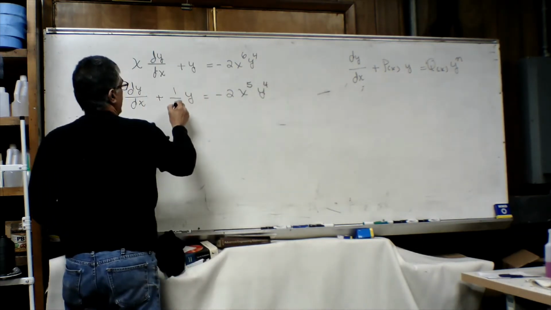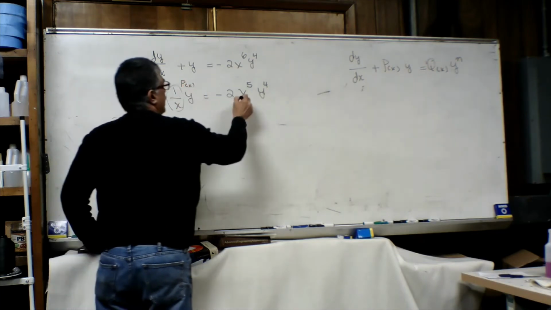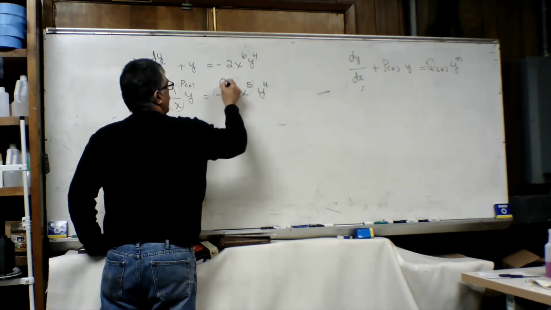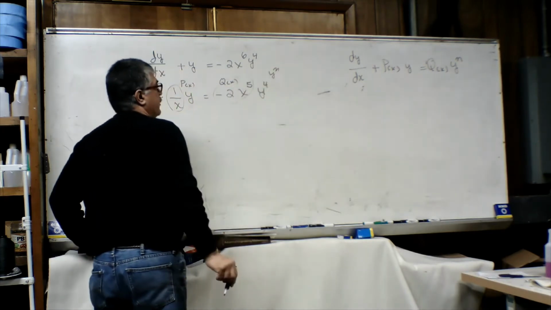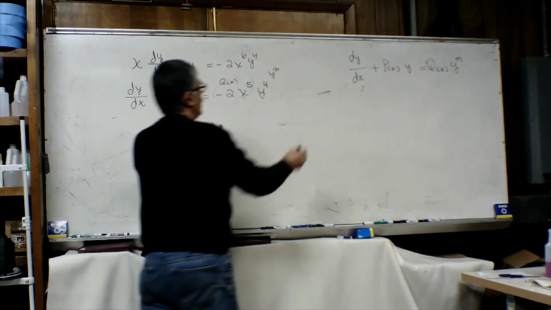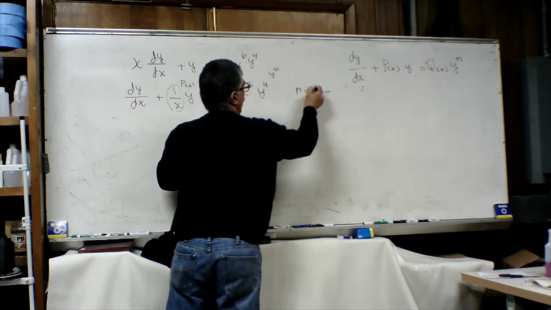So here, this is our p(x), this is our q(x), and this is our y to power n. So in this equation, the value of n is 4.